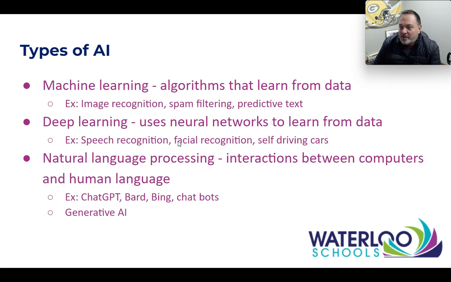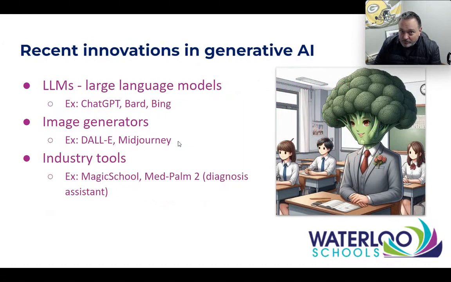So, interactions between computers and human language. Think ChatGPT, Bard, Bing, chatbots. These are called generative AI. So here are the recent innovations in generative AI, these large language models: ChatGPT, Bard, Bing.